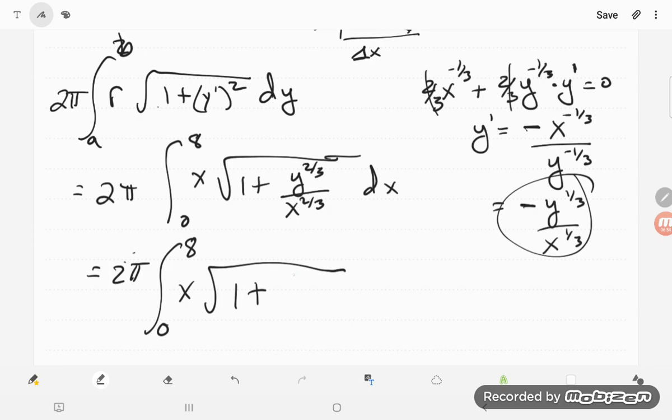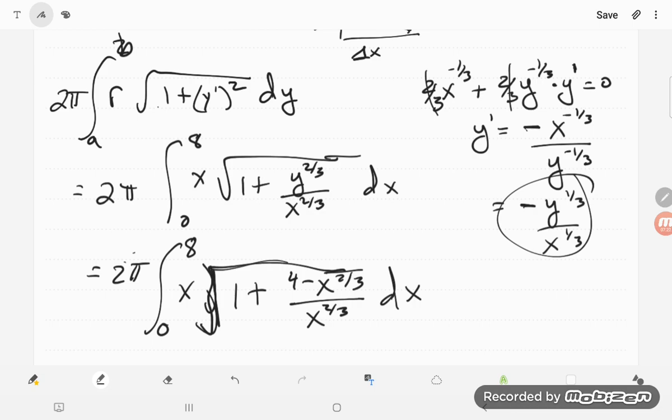plus 4 minus x to the 2/3 over x to the 2/3, dx. My guess is we're not going to be able to do that, so you just need a numerical integration of it anyway.